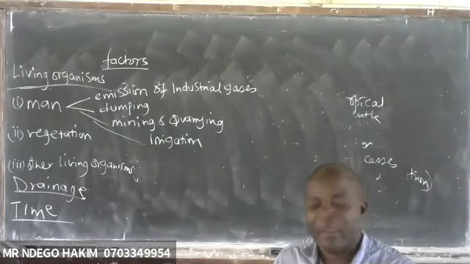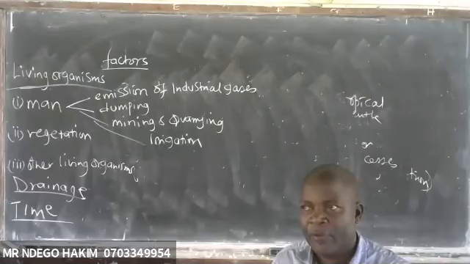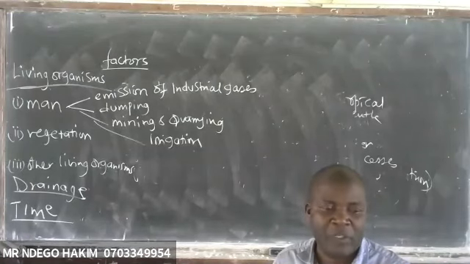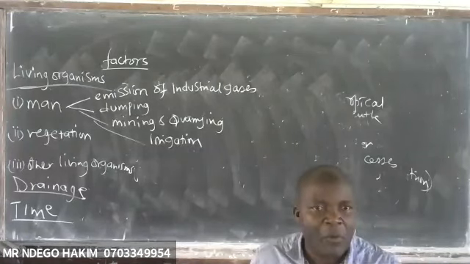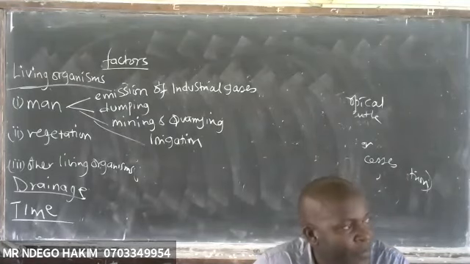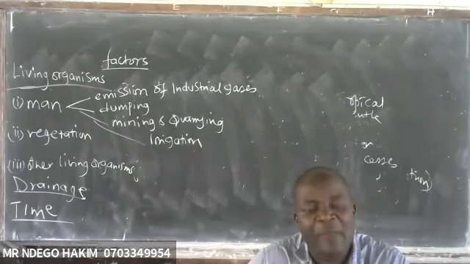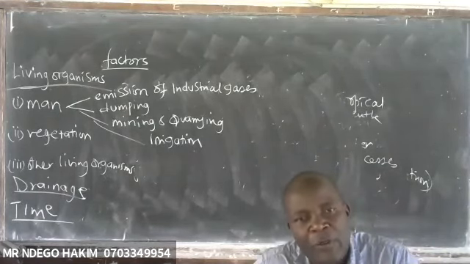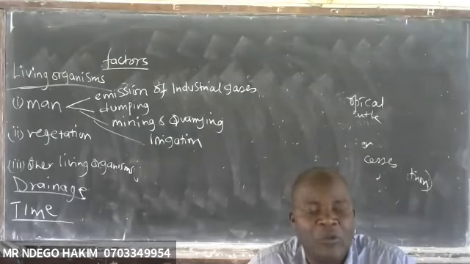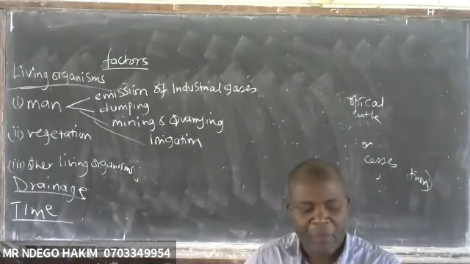So a short period of time does not encourage any form of weathering, but the longer time taken for the rock to be exposed to weathering processes, the more effective the weathering is. So the longer the time, the more effective the weathering process is.